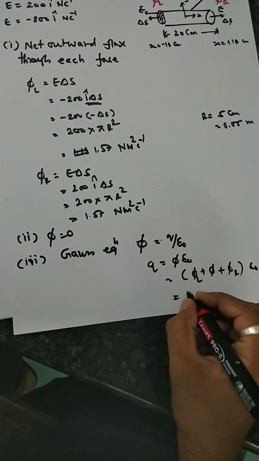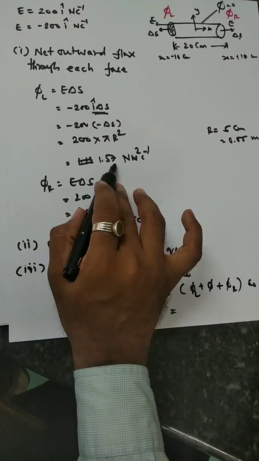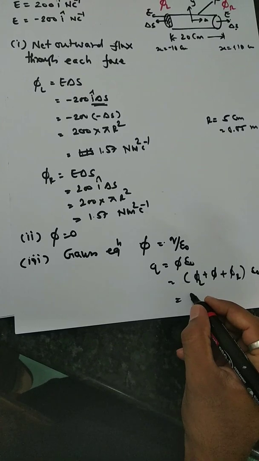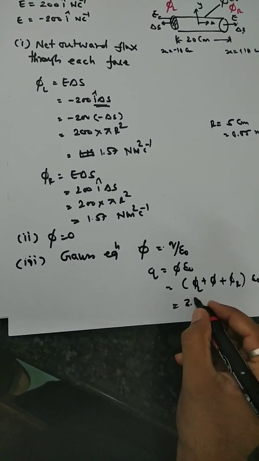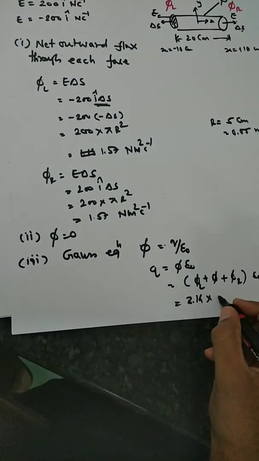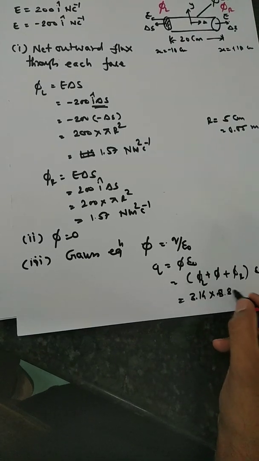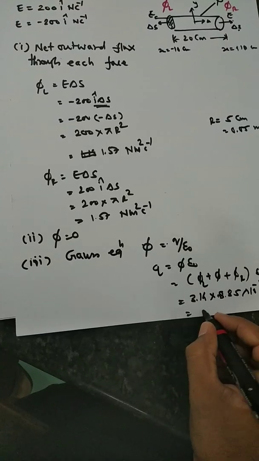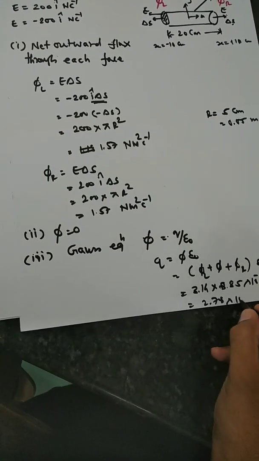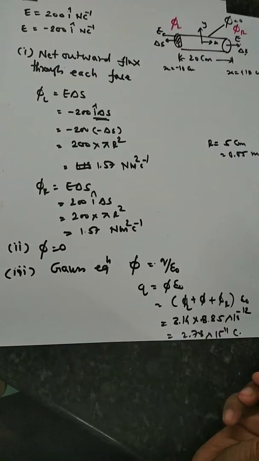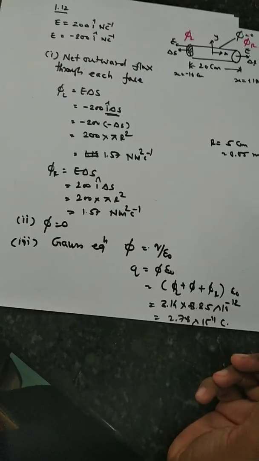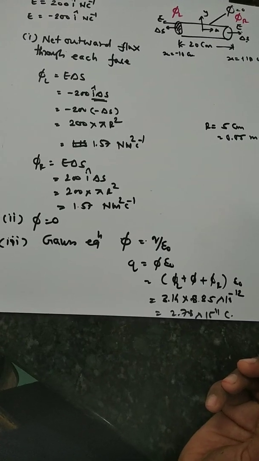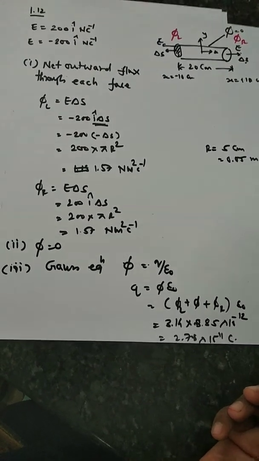The total flux will be 1.57 plus 1.57, which is 3.14, into the value of epsilon 0, that is 8.85 into 10 raised to minus 12. So finally your answer will be 2.78 into 10 raised to minus 11 coulomb. This is how you get the final answer for the electric charge, 2.78 into 10 raised to minus 11 coulomb.